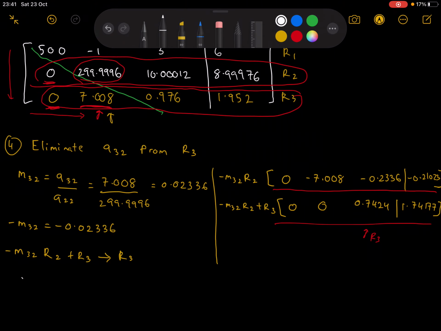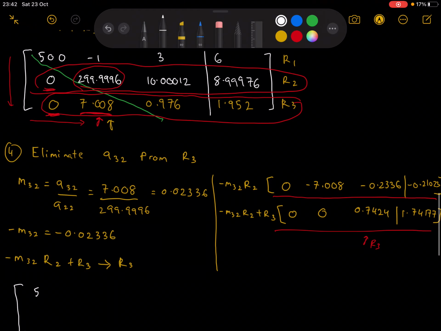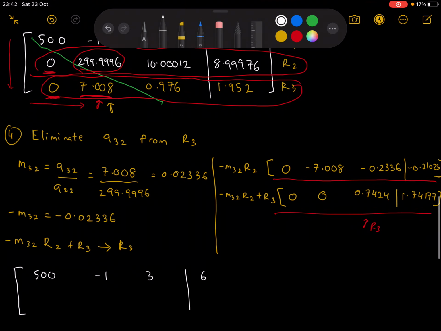So our matrix will become 500, -1, 3, 6. Okay, and then row number 2 will remain 0, 299.9996, then 10.00012, 8.99976.